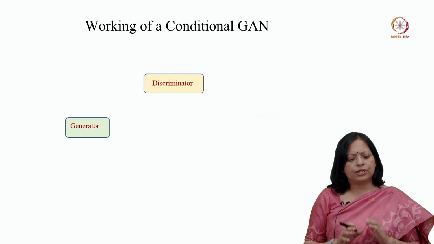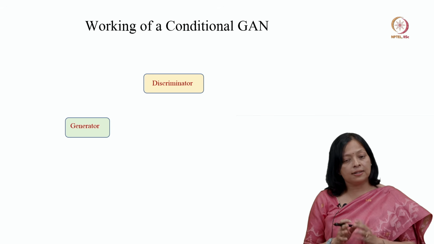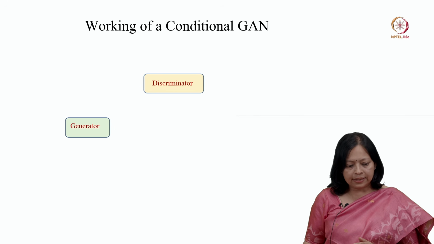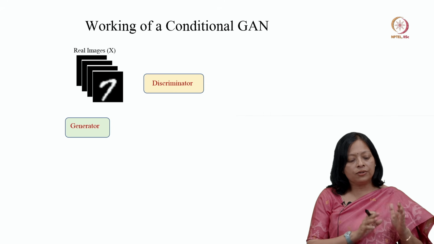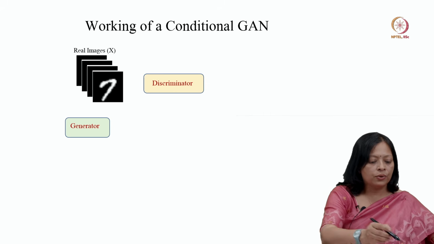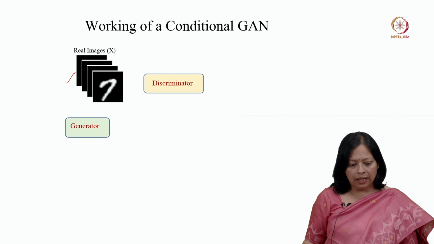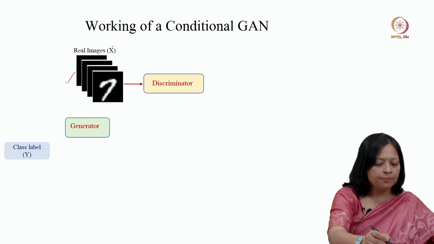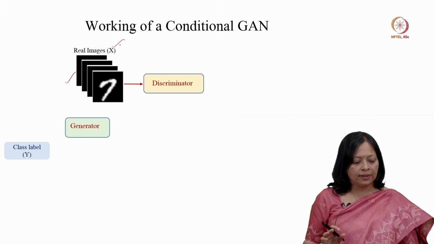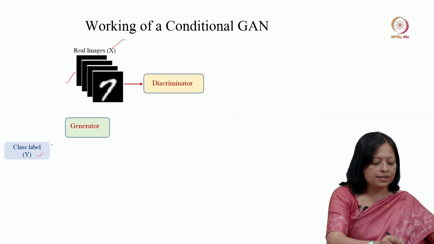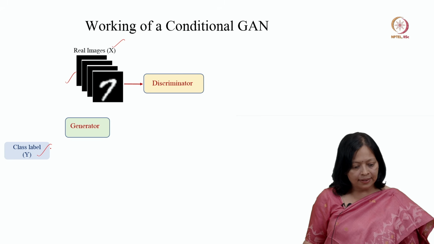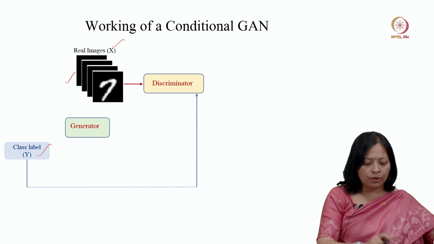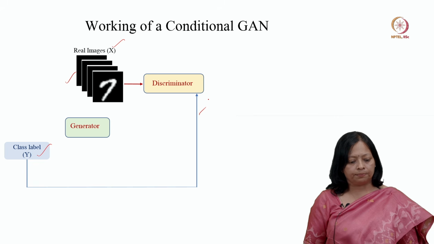In this case also we have the generator and the discriminator, and we have the real images here, which is 7 here. It goes to the discriminator, and we have the class label. So, the real images I am calling X, the class labels I am calling Y. Okay. And these class labels also go to the discriminator.